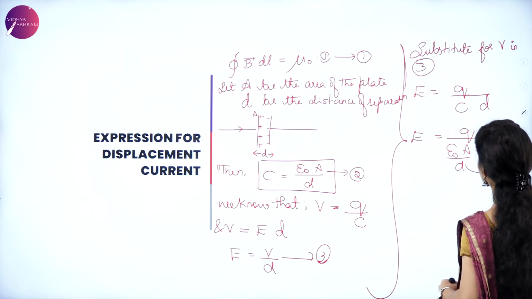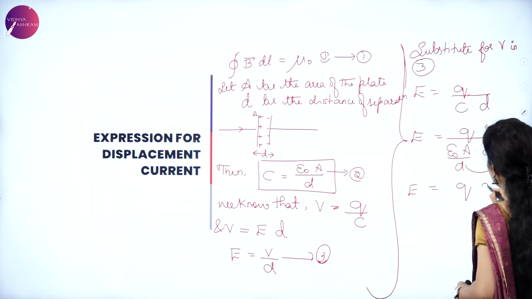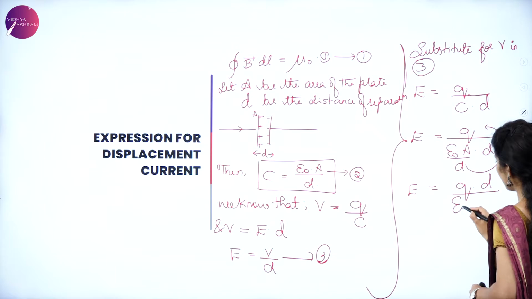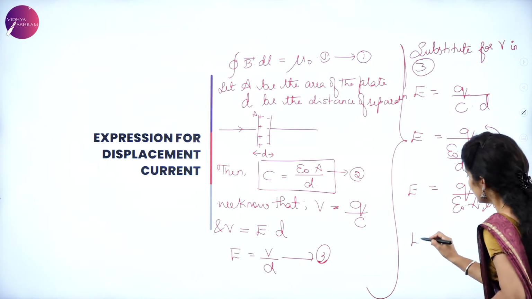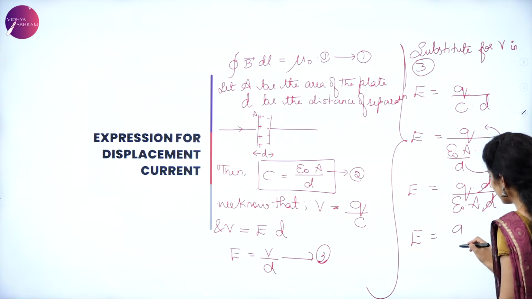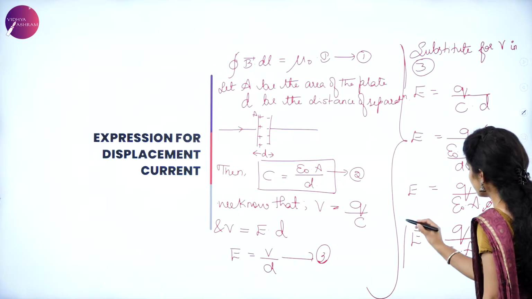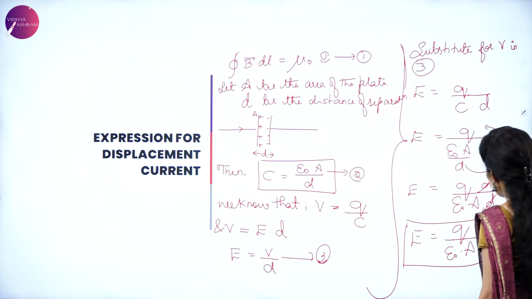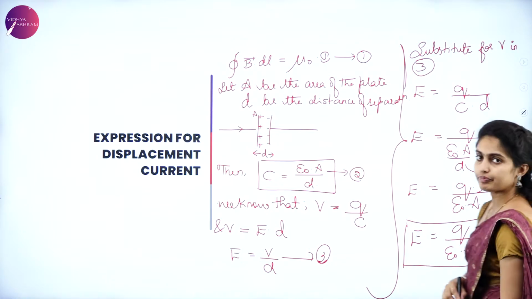So we have E is equal to Q into D divided by epsilon naught into A into D. So D and D get cancelled. We are left with E is equal to Q divided by epsilon naught into A. So this is the value for E. Call this equation 4.